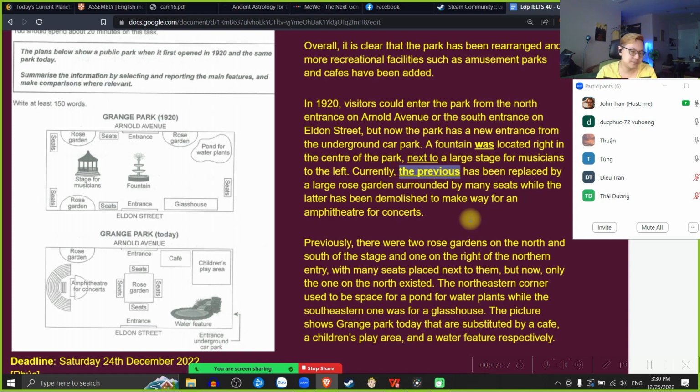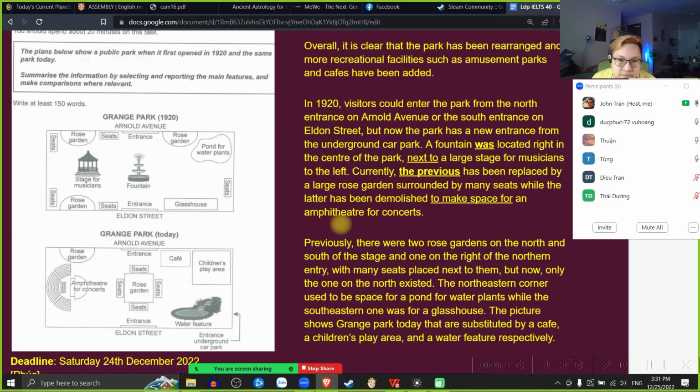Has been demolished to make space for it. To make space for. Nghe nó ổn hơn rất nhiều. If you use the word to make space for, it sounds much better, much more formal, you know. Nó nghe nó trịnh trọng hơn. Để tạo thêm không gian cho. To make space for it. An amphitheater concert.